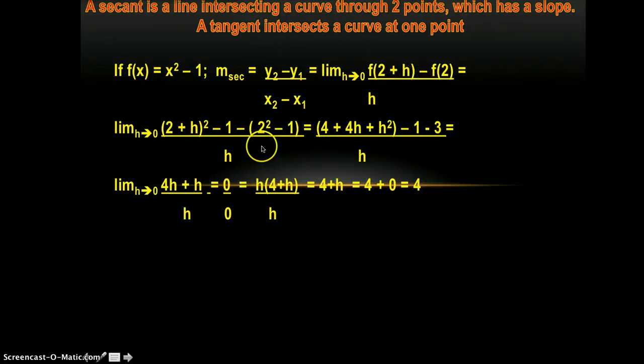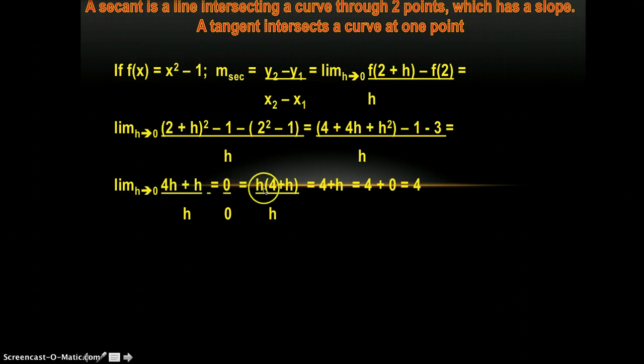And that took some work, but we did plug it in. As you can see here, this is what we did in class and got these numbers right here, and we ended up getting 4h plus h squared over h. Go back and review your notes on this. If we plug in our 0, we get 0 over 0, which is the indeterminate form, which means we can reduce it.